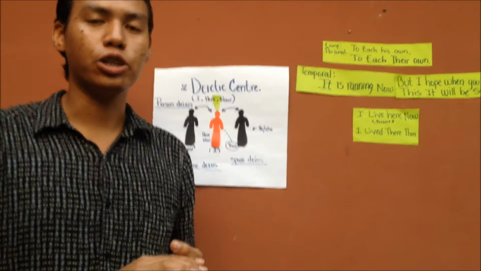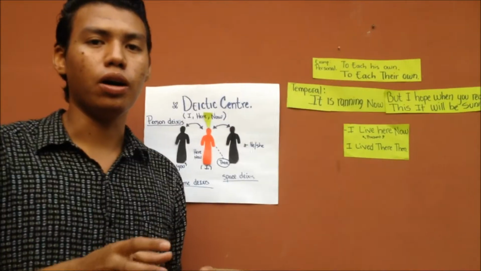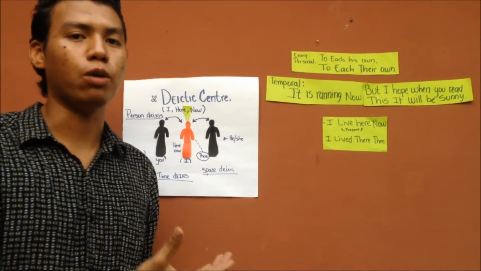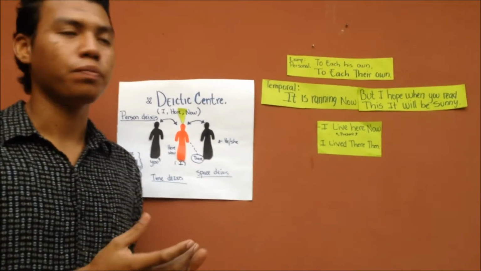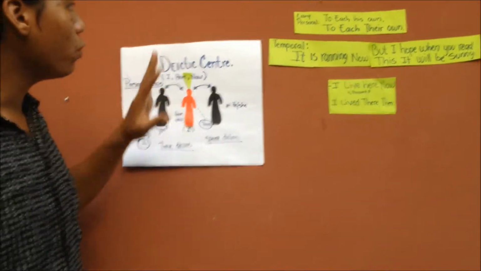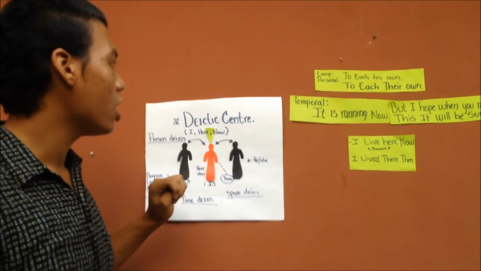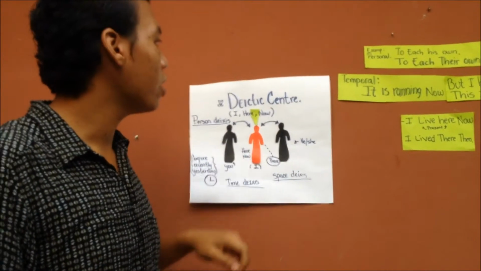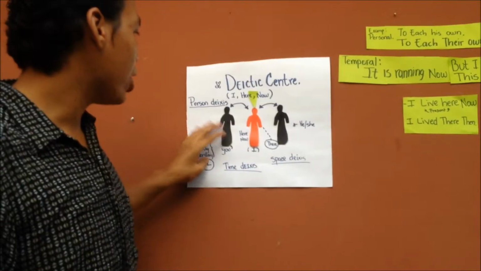We use deixis to refer to an entity when we don't know who the speaker is. These are called deictic expressions.